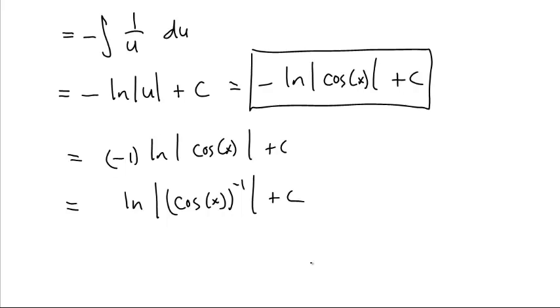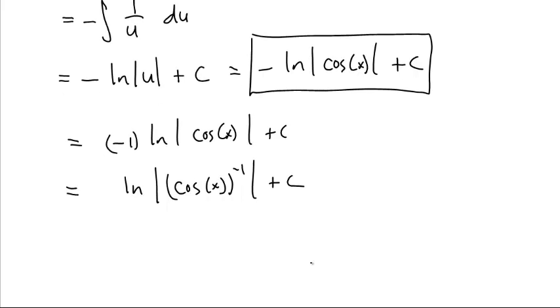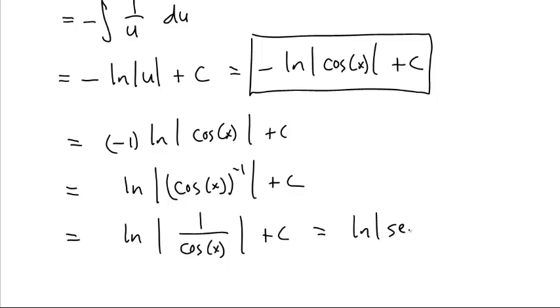And cosine of x to the negative 1 power is 1 over cosine. Natural log absolute value 1 over cosine of x plus c. And 1 over cosine is the secant. So this is the natural log of the absolute value of secant of x plus c.